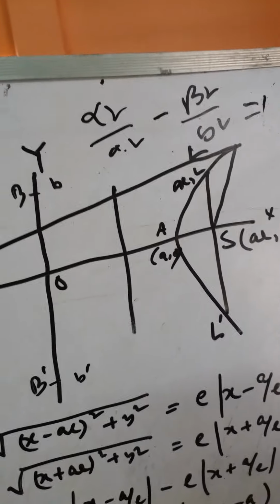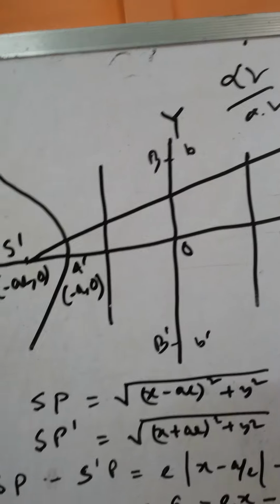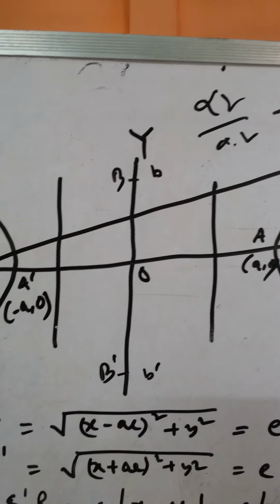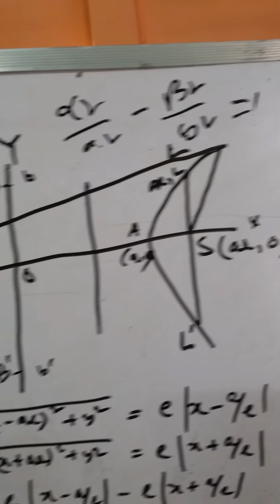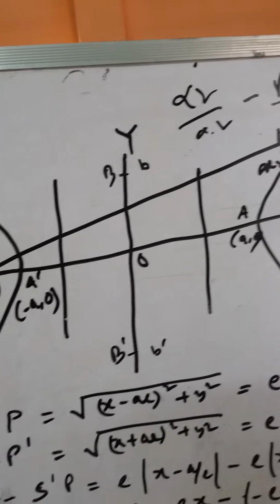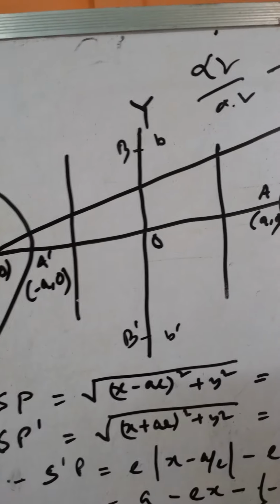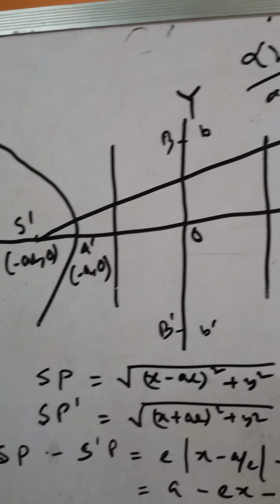It satisfies this condition, so alpha beta, minus alpha beta, alpha minus beta, minus alpha minus beta are all points of the curve.